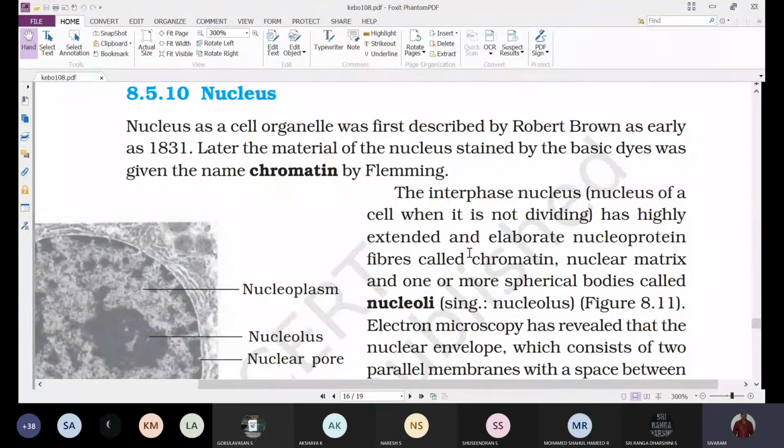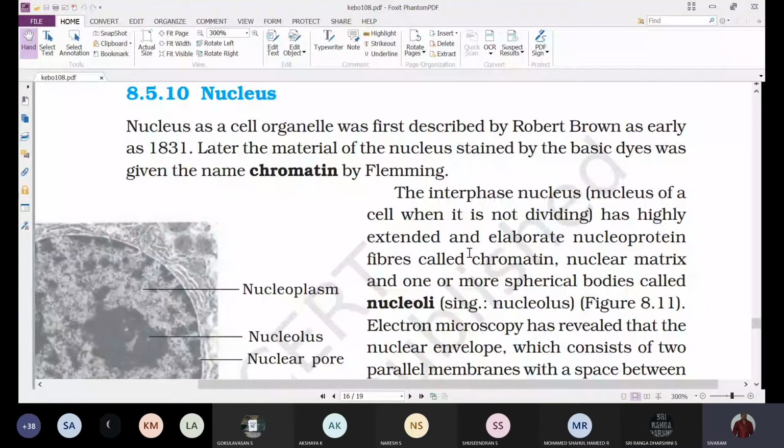This centrally located cell organelle we call a nucleus, and that was done by Robert Brown in the year 1831. But later, the components of the nucleus were studied, namely the acidic nature of the chromatin material, which can be stained by basic dye.